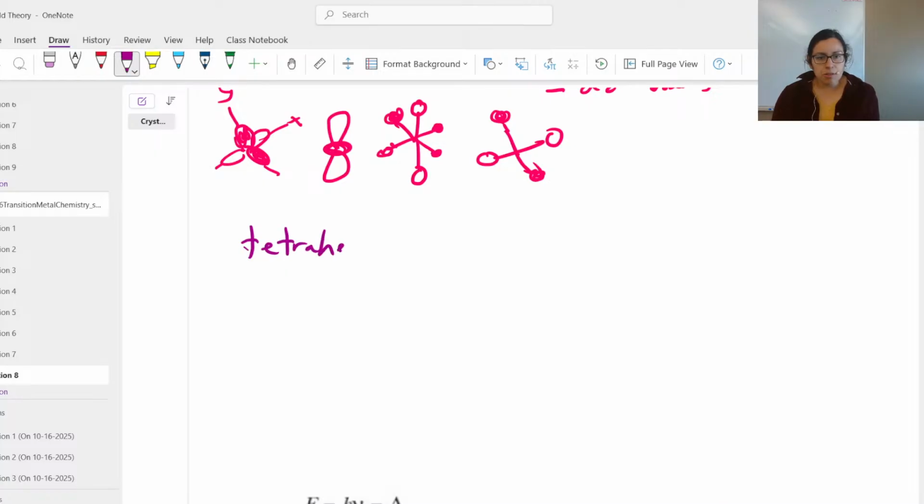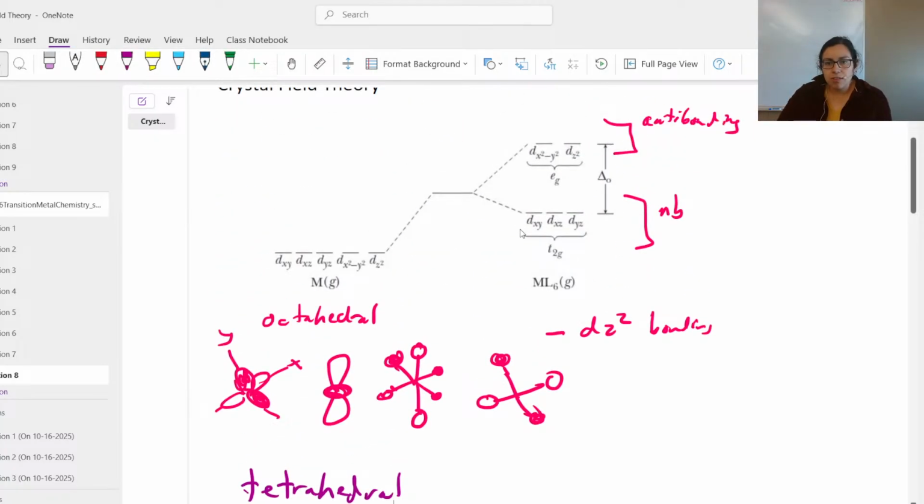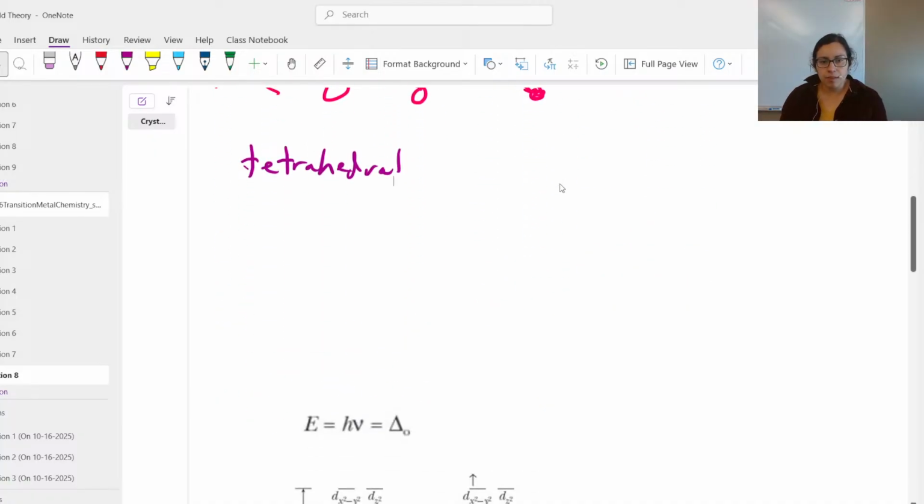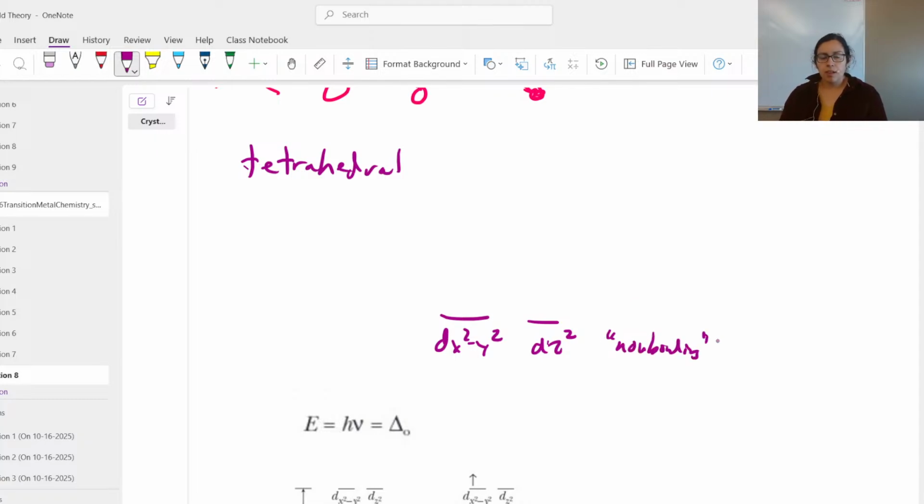But the tetrahedral one is also easy to remember just because it's your octahedral one but flipped. So it's the opposite. So now the dx squared minus y squared and the dz squared are our non-bonding ones. So they don't match with anything.